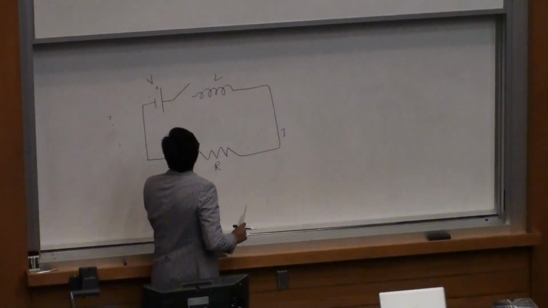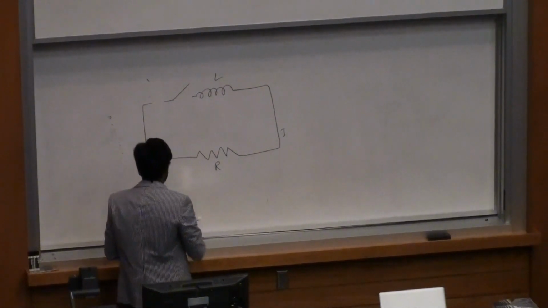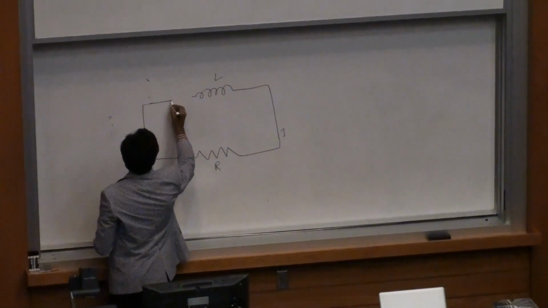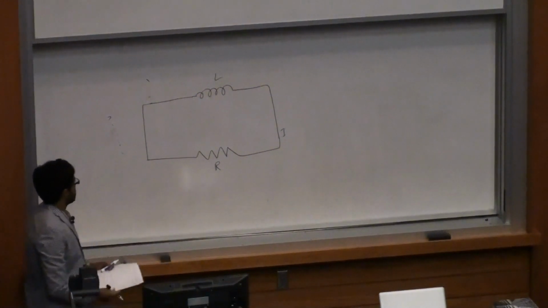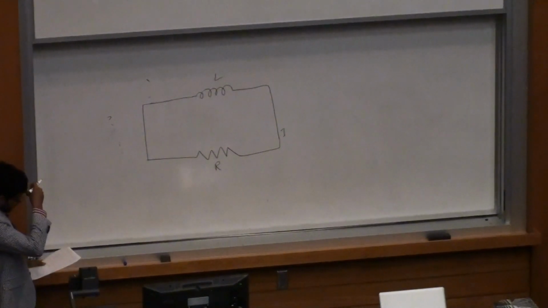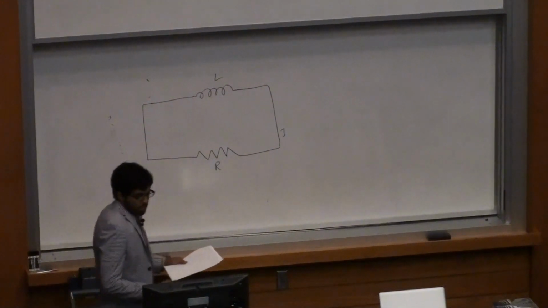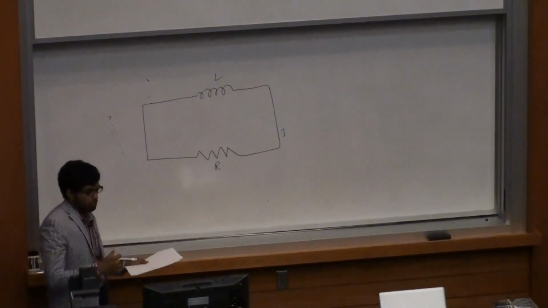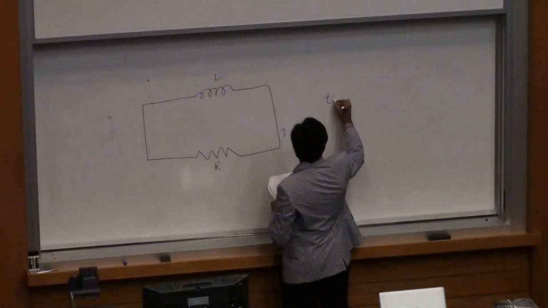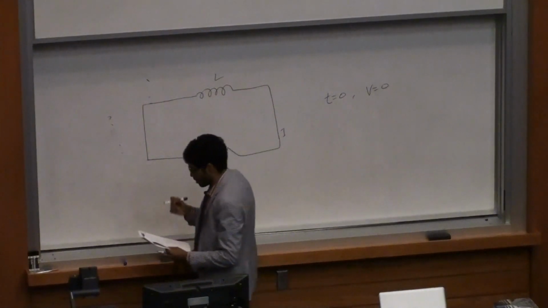On a board, I can just erase this, and the switch is closed. So I'm looking at this circuit with just the inductance and the resistance. So now what happens? You can think of it as me removing the battery while the loop is still flowing. So at time t equals 0, my V is 0. I'm defining my new zero time.